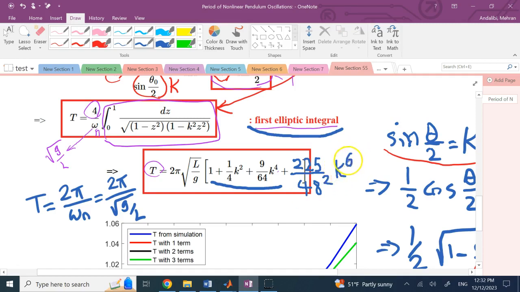So if you're looking for another term, it is 15 squared over 48 squared. Let me write it as a square term. Something like this.